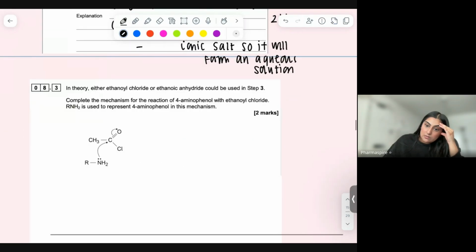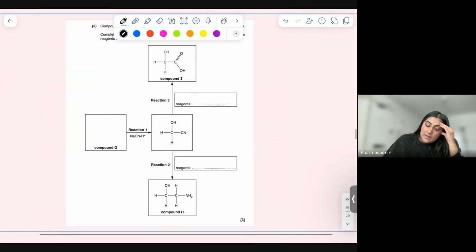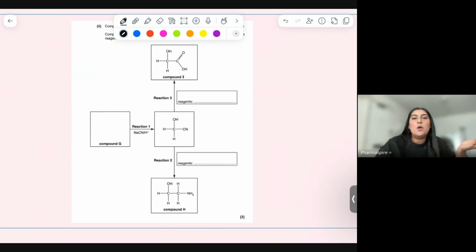Right, I'm going to move on just because of time. Okay, synthetic routes. So this is not amines, but it's going to include an amine, but you need to know it anyway. Right, so what do we call the thing in the middle? Yeah, hydroxynitrile. Okay, so if we've got a nitrile, how do we go to an amine?